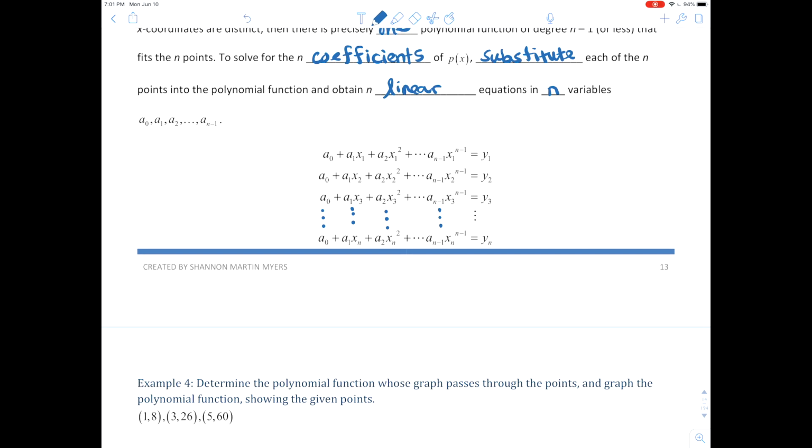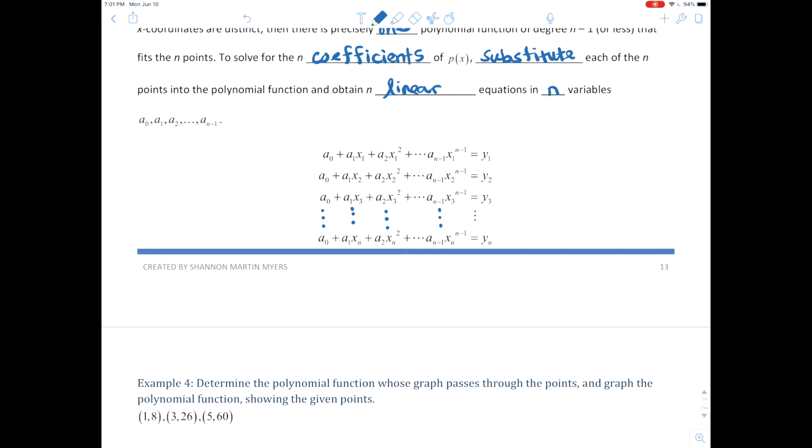Just notice what changes and what matches. Do you notice that the subscript on the a's matches the power on the x1? And that happens through the whole system, all right?